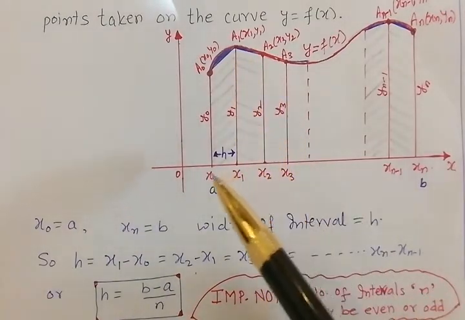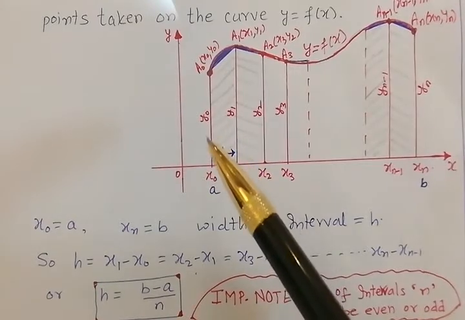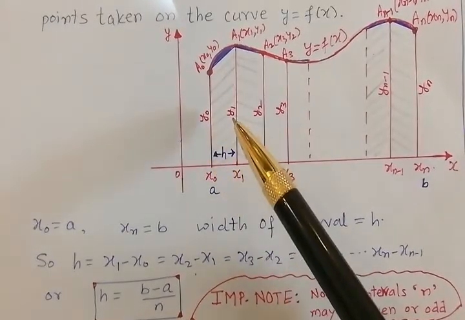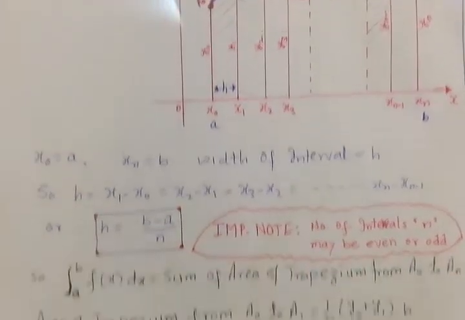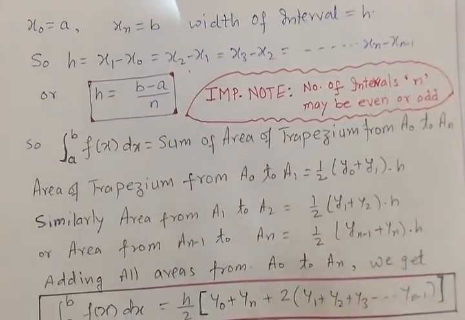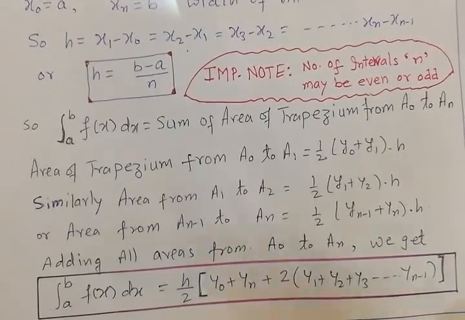Let us find the area of the first strip. Half into (y0 plus y1) into h. That you can see.